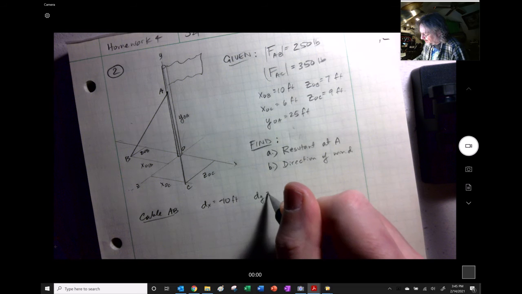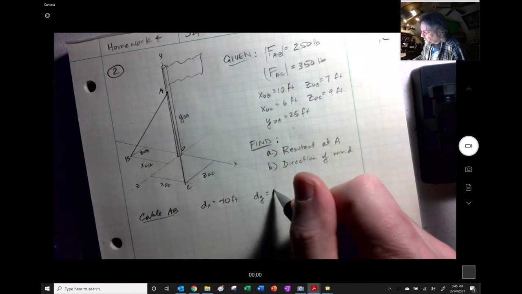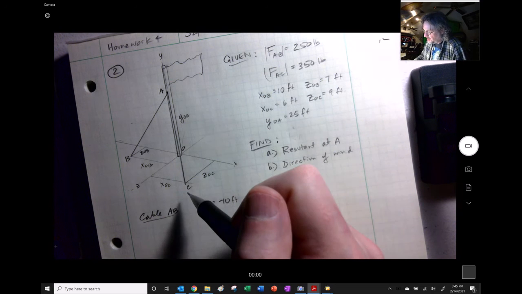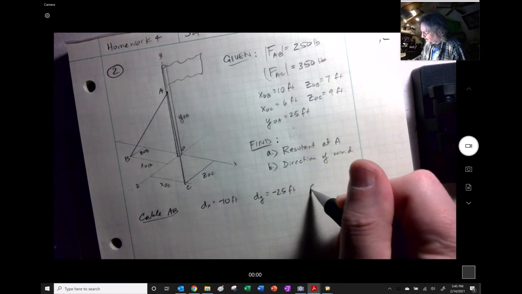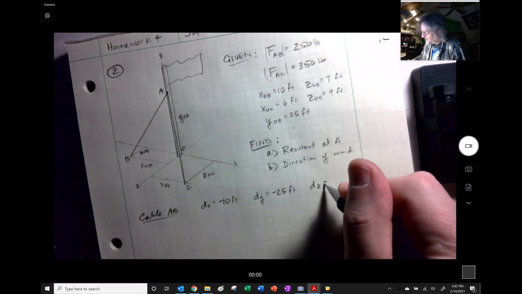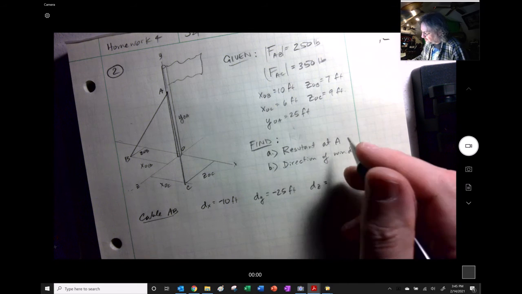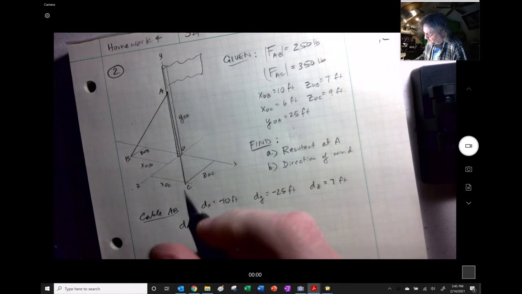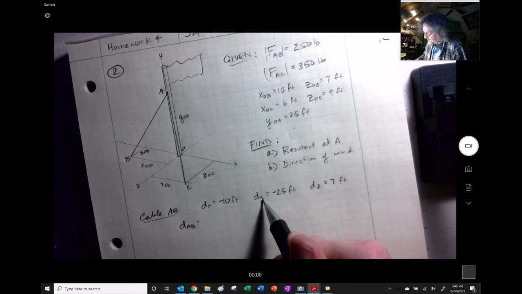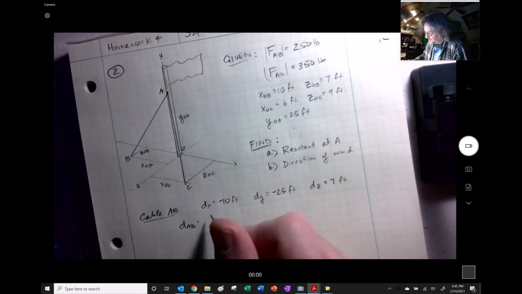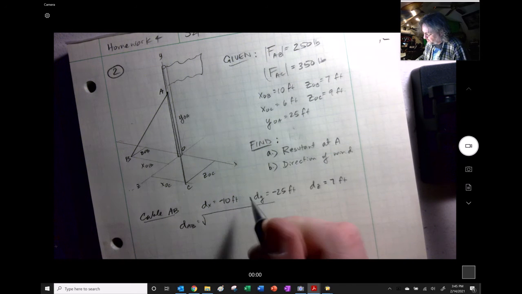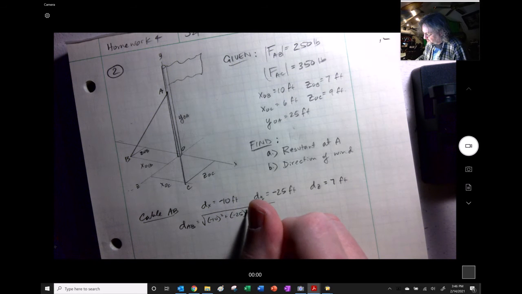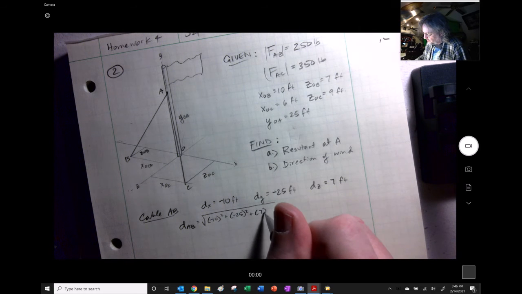And the dy, we're going downwards, so that's going to be negative 25 feet. And then in the z direction, we're actually going positive, so dz for B is going to be 7 feet. So the distance AB, I could have gone ABX, ABY, ABZ right here, is going to be the square root of negative 10 squared plus negative 25 squared plus 7 squared.